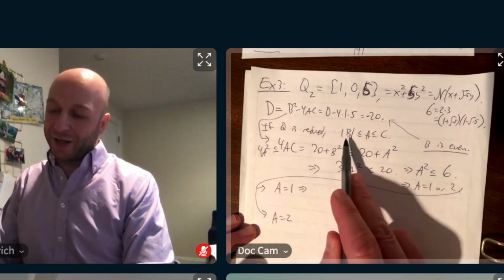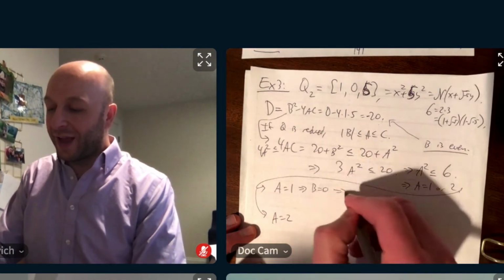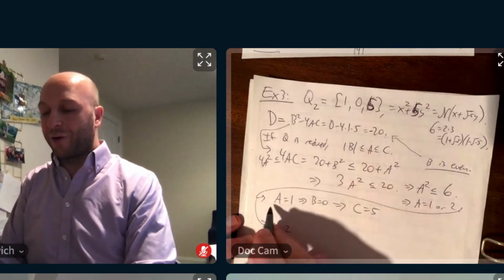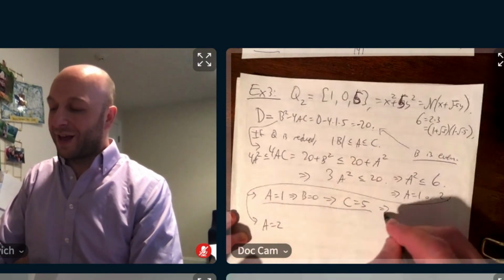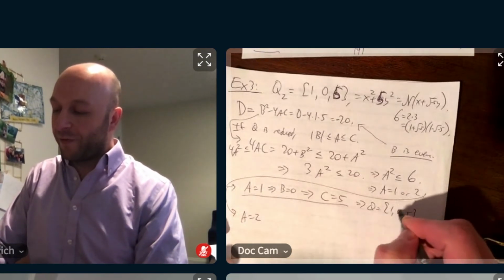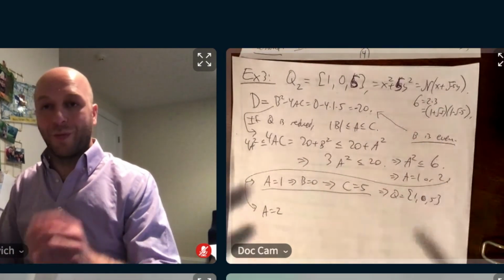So it's either -1, 0, or +1, but it's even, so B is 0. And C, when you do this computation, is 5. That's our original quadratic form. That's 1, 0, 5, the norm form of the root minus 5 integers.